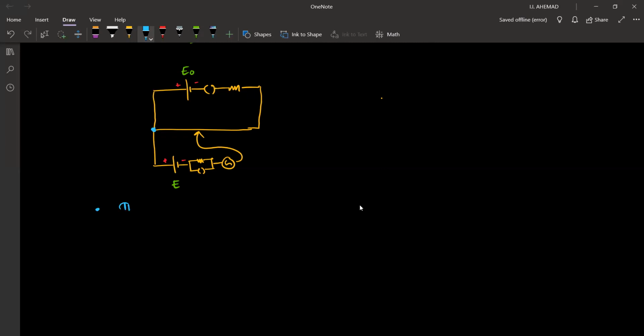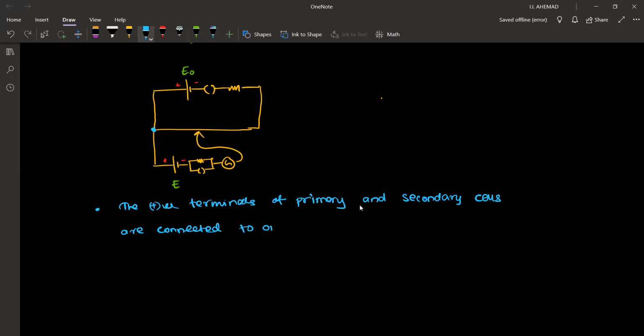So the positive terminals of the primary and secondary cells are connected to one end of the potentiometer wire.